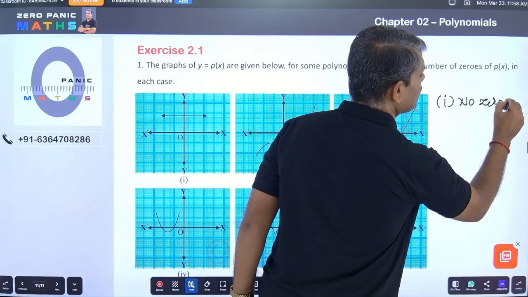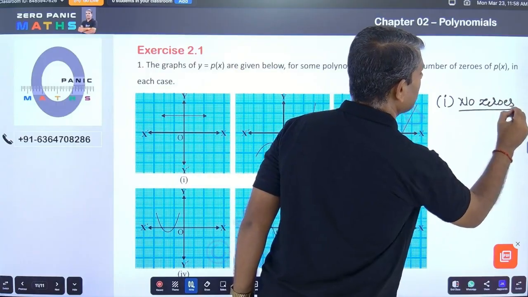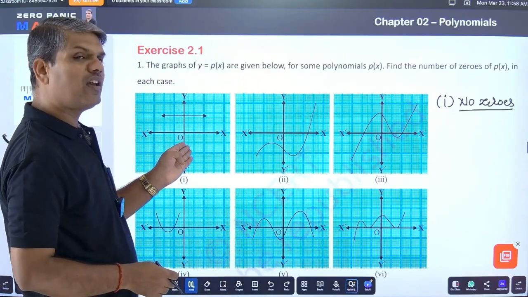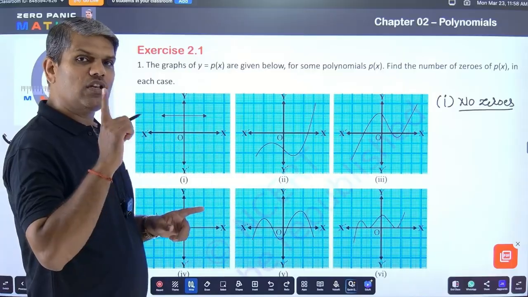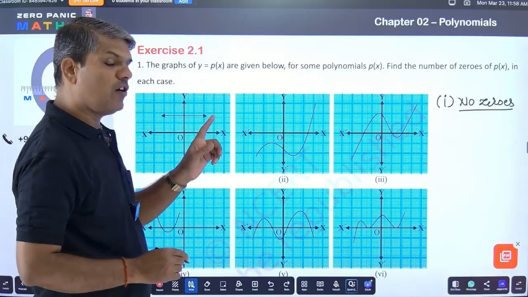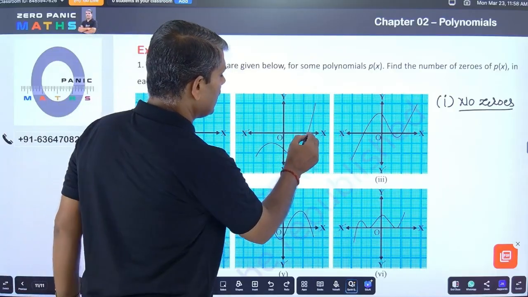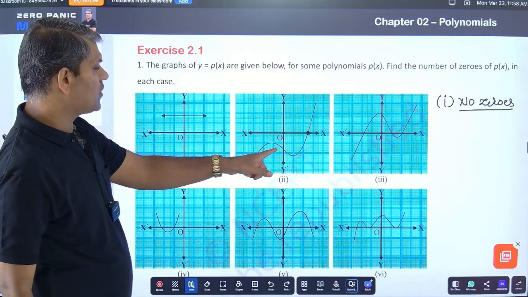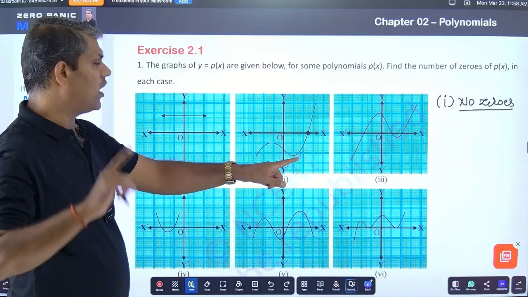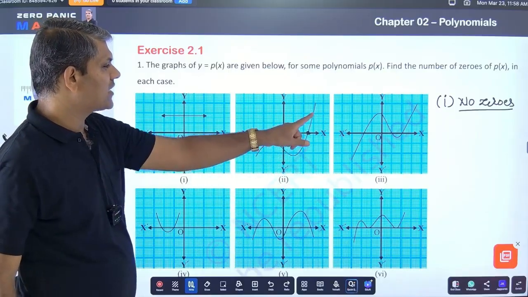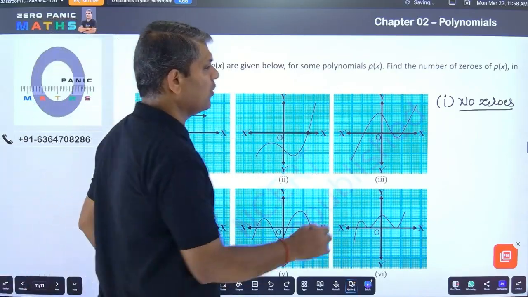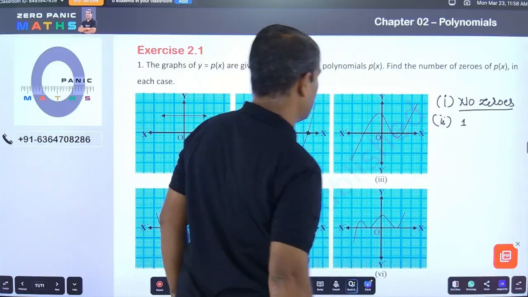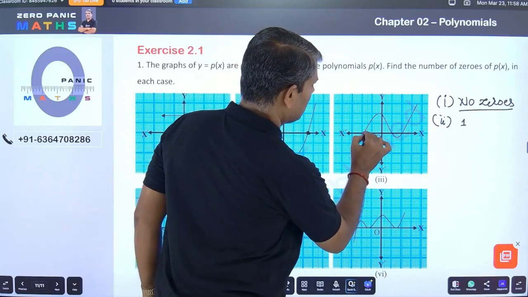Now, as I already told you, an equation may or may not have zeros. So this is one such example. At most one zero for a polynomial of degree 1. The count of zeros of this polynomial is 1 only, because it is cutting the x-axis at only 1 point. So for the second case, the value is 1. What is this?